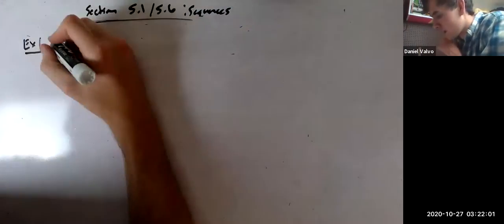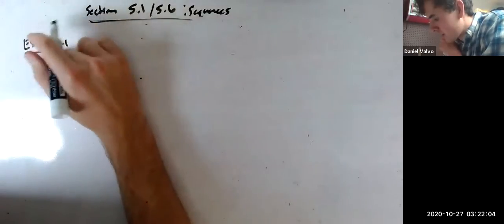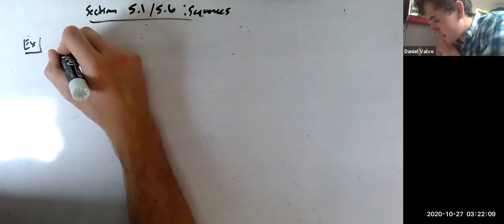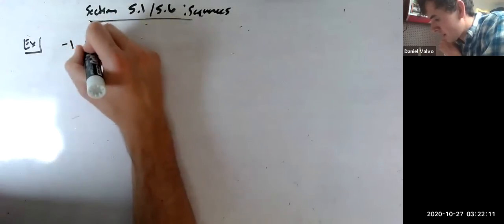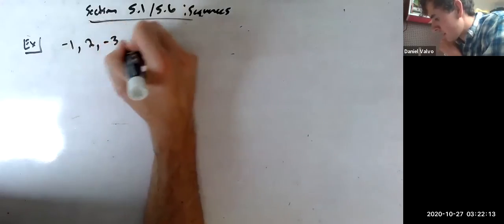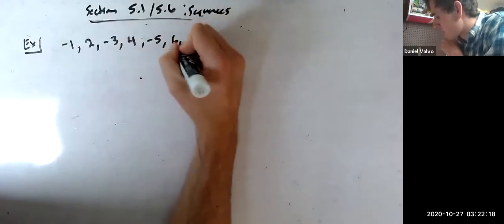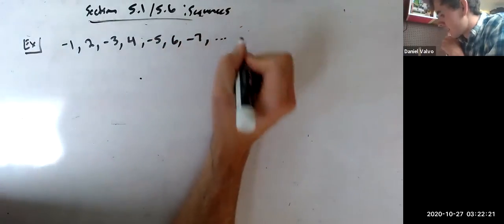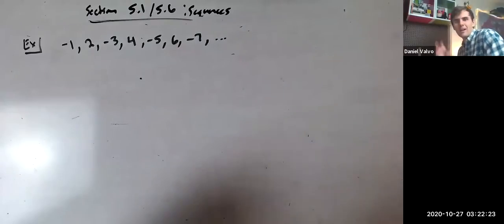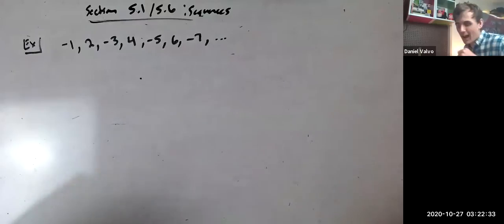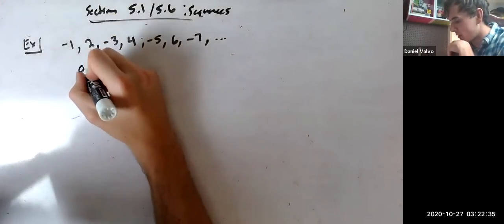What if we have -1, 2, -3, 4, -5, 6, -7, on and on and on. How would you write the explicit form of this?